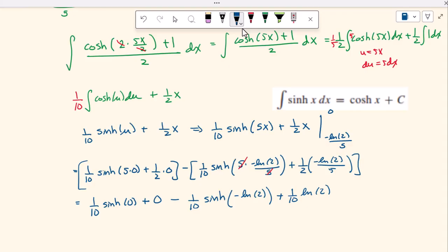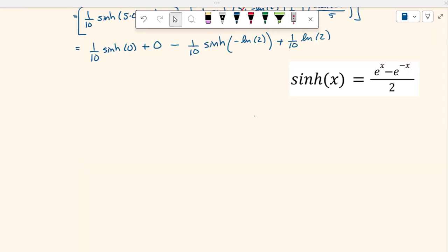Okay, so now we need to figure out what is the sinh of 0 and the sinh of negative ln of 2. Well, we're going to pull in a formula for that that is the definition of sinh. So let's go ahead and pull that in. So this says that everywhere there's an x, I go ahead and plug it in here to this formula.